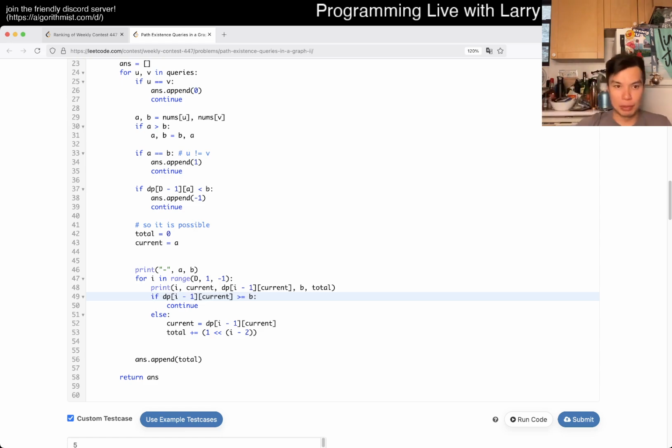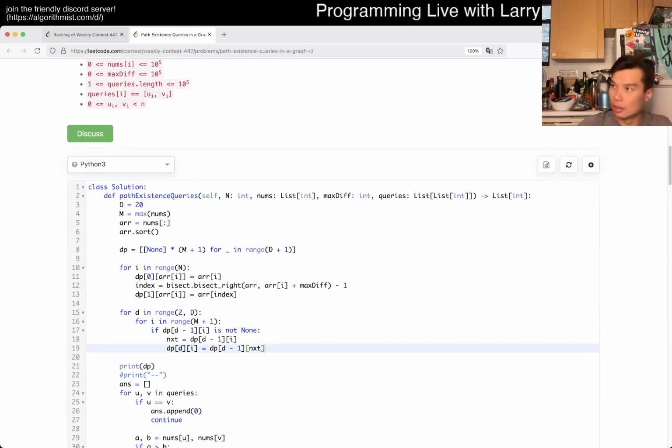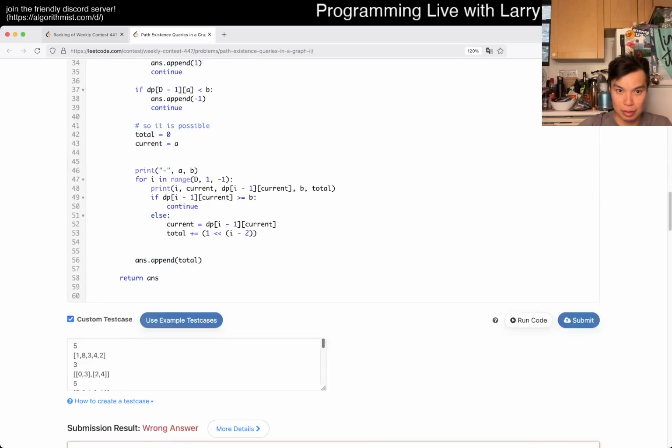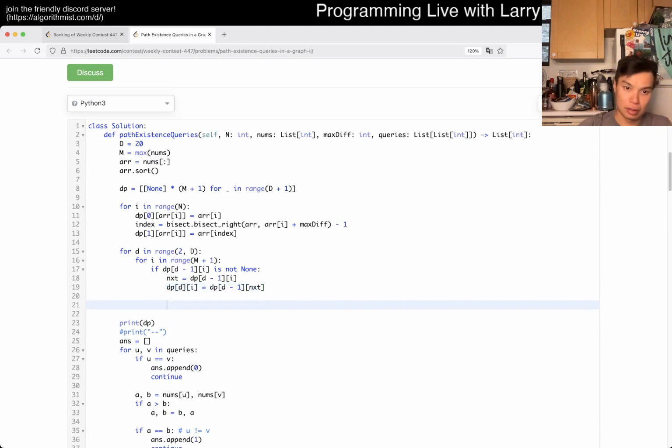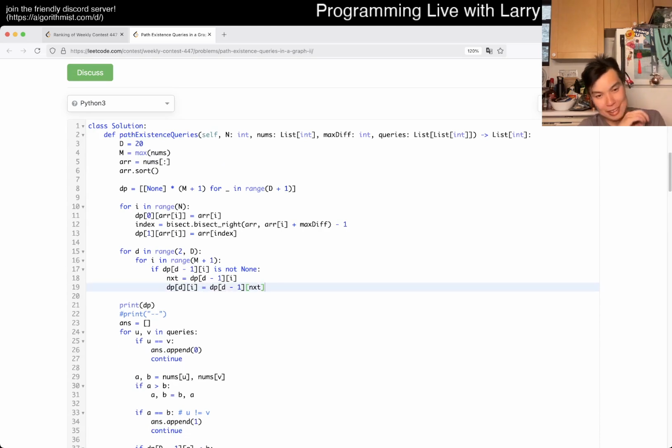I mean, we just have to pre-cache it, I guess. Pre-calculate it. So here is 2 plus 1. There's no easy way for me to do one move backwards, is there?